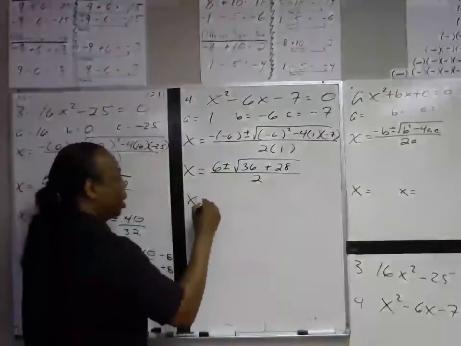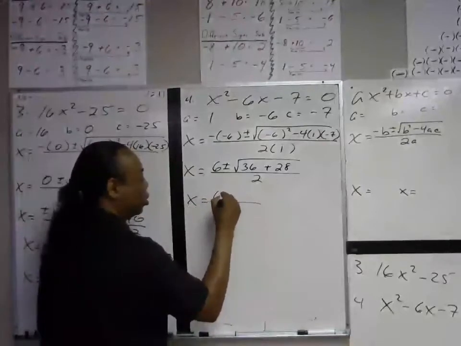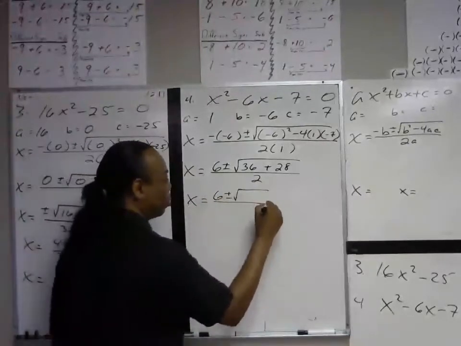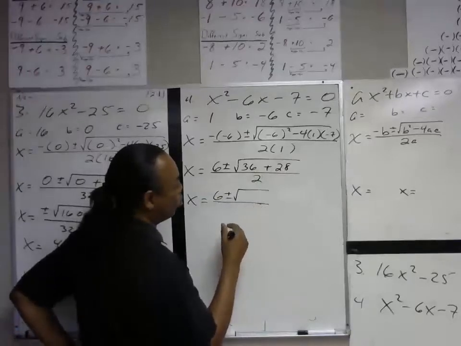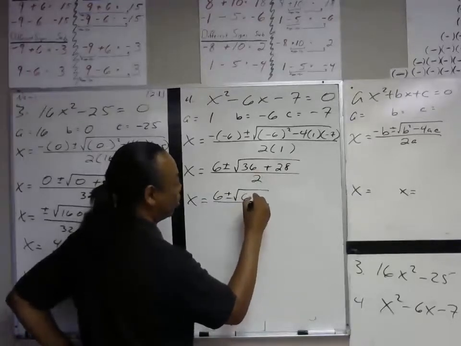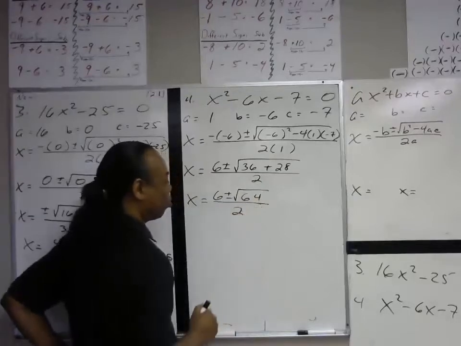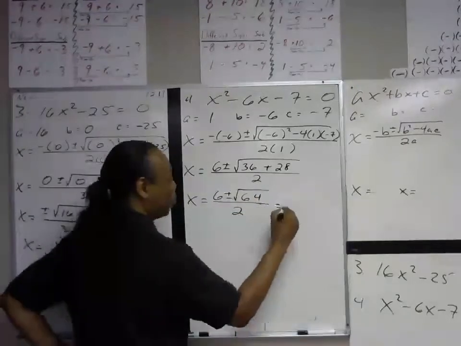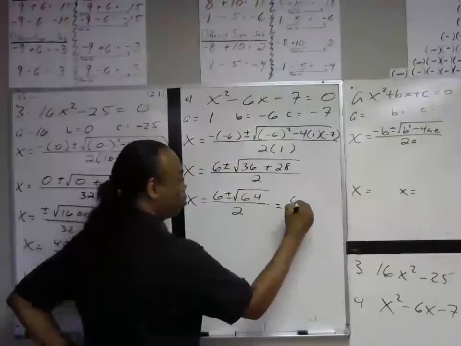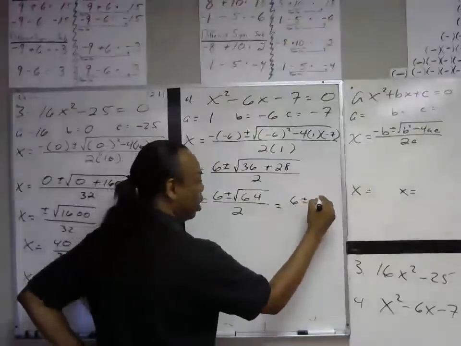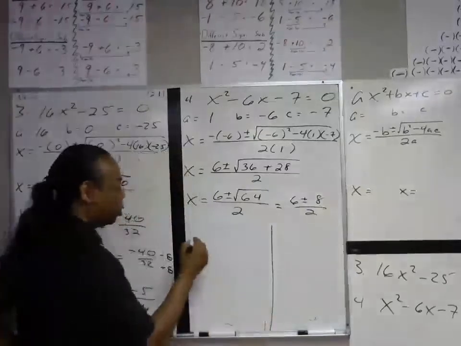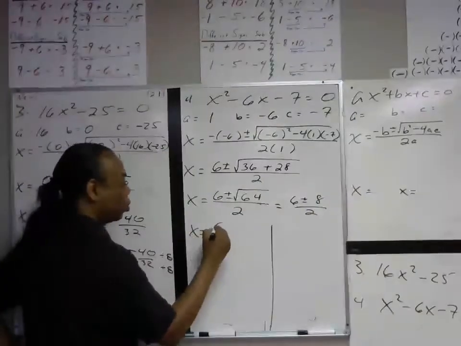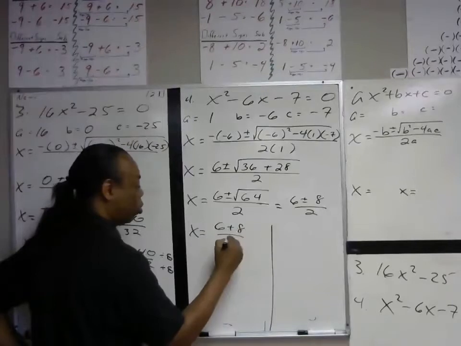Now, let's start with adding and subtracting. 36 plus 28 is going to be 64, I believe, over 2. And then the square root of 64 is going to be 8. Now it splits into 2 pieces. We have x equals 6 plus 8 all over 2.